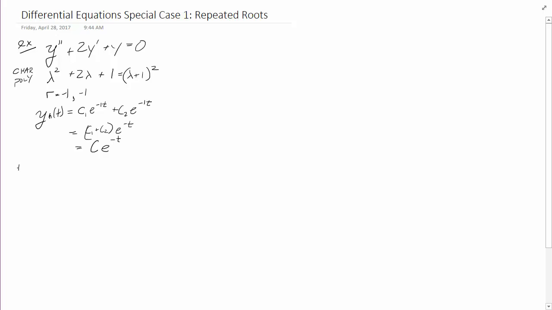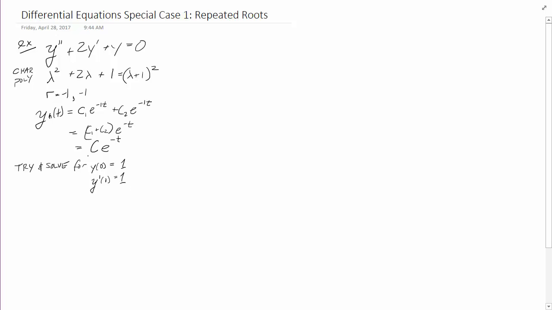Let's try and solve the homogeneous differential equation above for, let's say, a couple of initial conditions. The initial y will be 1, and the initial derivative will also be 1.